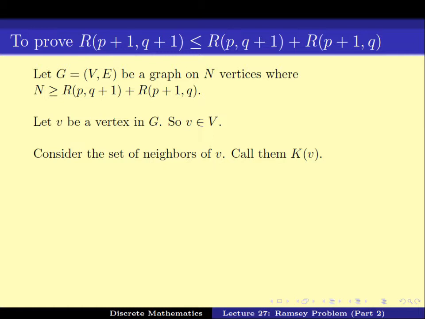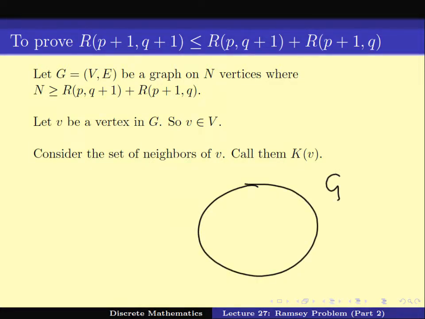Here you have the graph G. Here you have a vertex V. Now there are some neighbors of V, right? These are the vertices that have some edge to V. And then there are some vertices here that don't have any edge to V. Vertices that are neighbors of V and vertices that are non-neighbors of V.